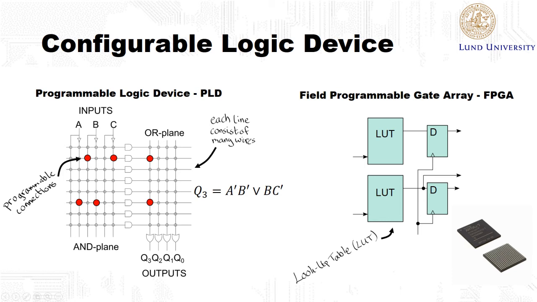FPGAs typically also contain a lot of other hardware like adders, multiplexers, AD converters, Ethernet interface, memory blocks and so on. And all the wiring inside the FPGA is controlled by the designer through programming. The designer also decides which wires should be connected externally to the pins of the IC package.